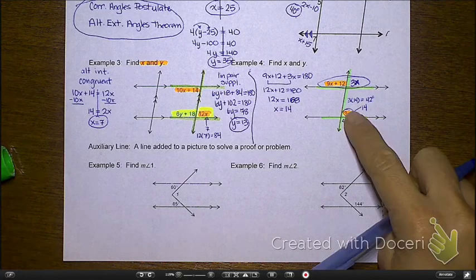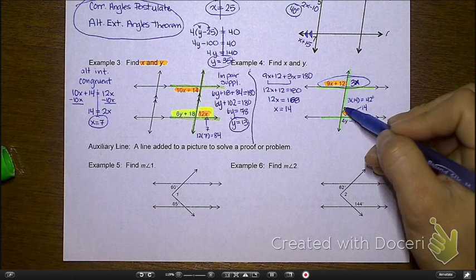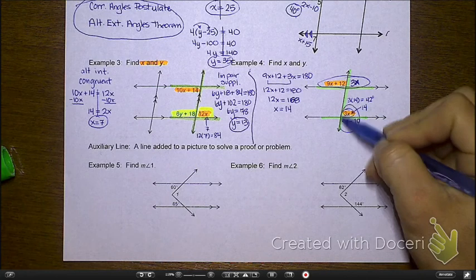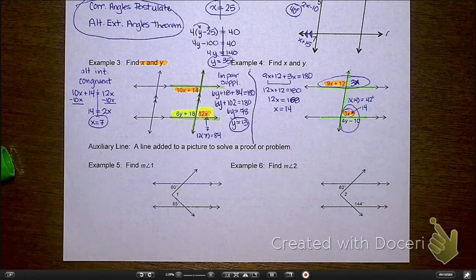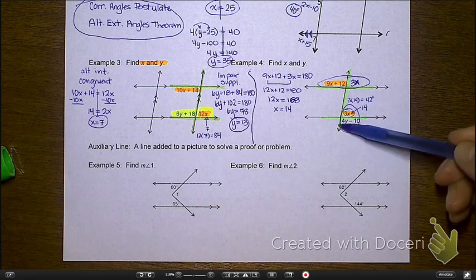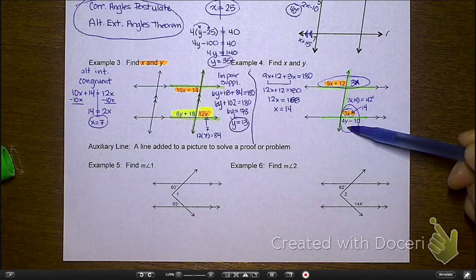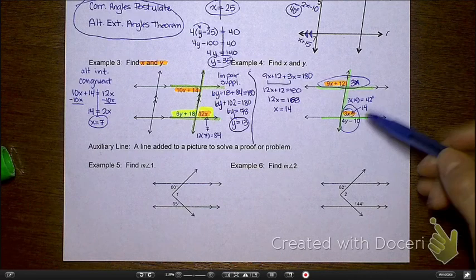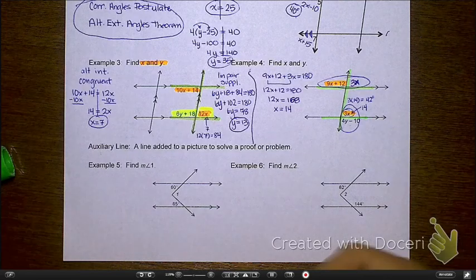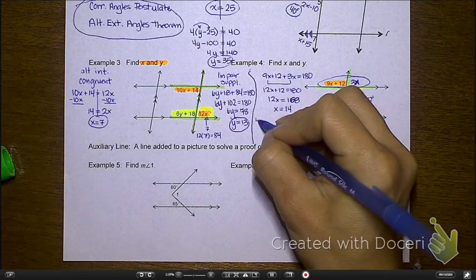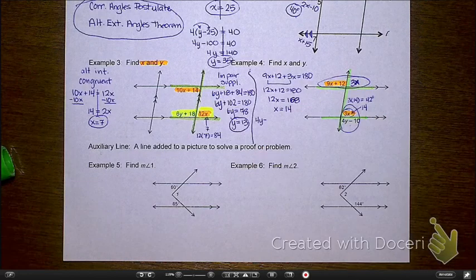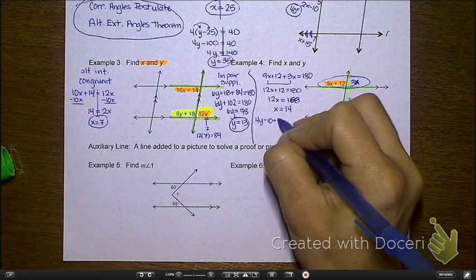What do I know about these two angles right here? What kind of angles are those two? Are they making a straight line? Two adjacent angles making a straight line, linear pair, right? So what am I going to do with 4y minus 10 and 42? I'm going to add them and make it equal to 180.